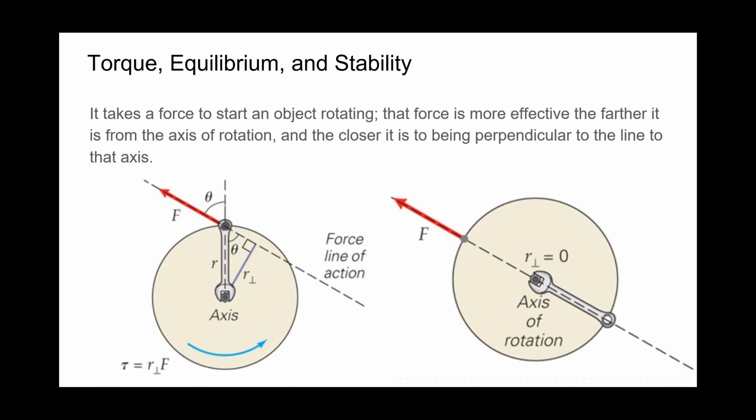The more it's away from the axis, the better it works. And it is also more effective the closer it is to being perpendicular to the line to that axis.